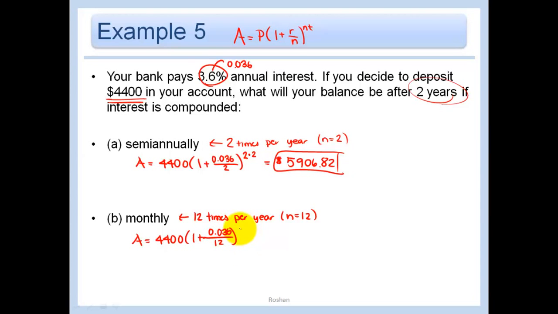And then we have 12 times 2. Note that the NT is just the total number of times we compound. Since we do 12 times per year times 2 years, it's a total of 24 times. So we have $5,909.97. So clearly we like it if we compound more times.